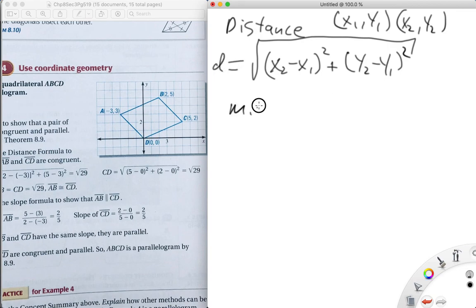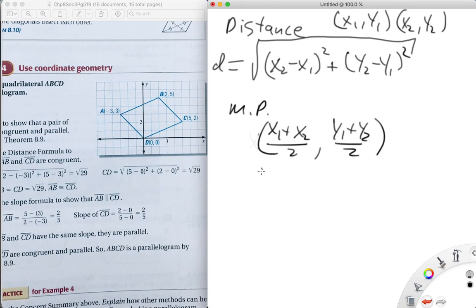Midpoint is (x1 plus x2) over 2, (y1 plus y2) over 2. And then you better remember slope.